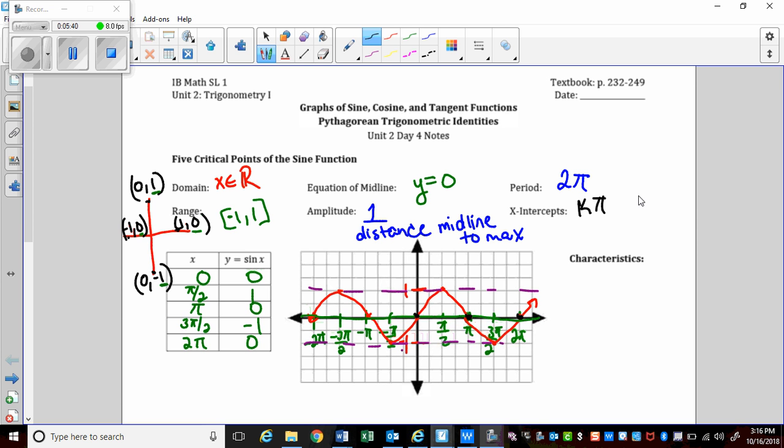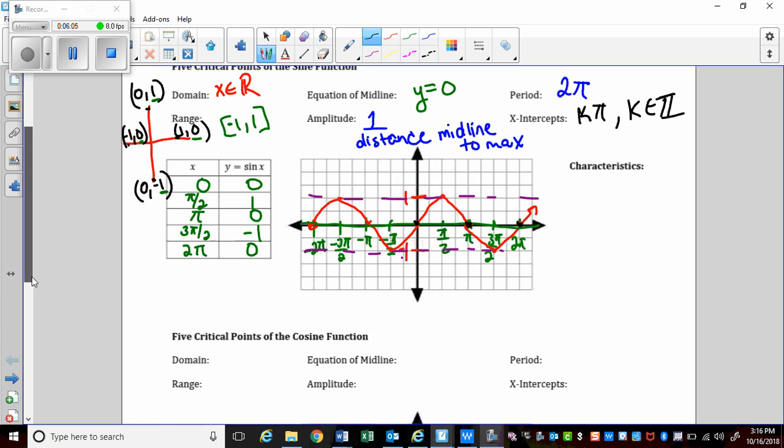And this is every version of k, as long as k is an element of an integer. This Z means integer. All right. Go ahead and go down.